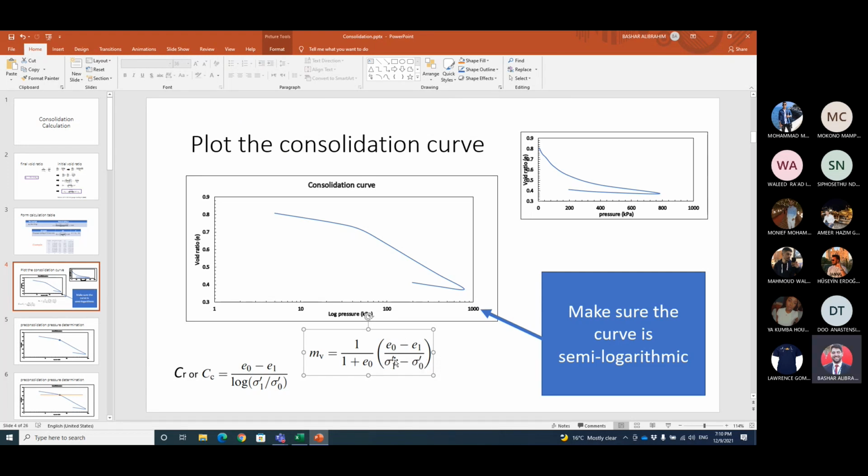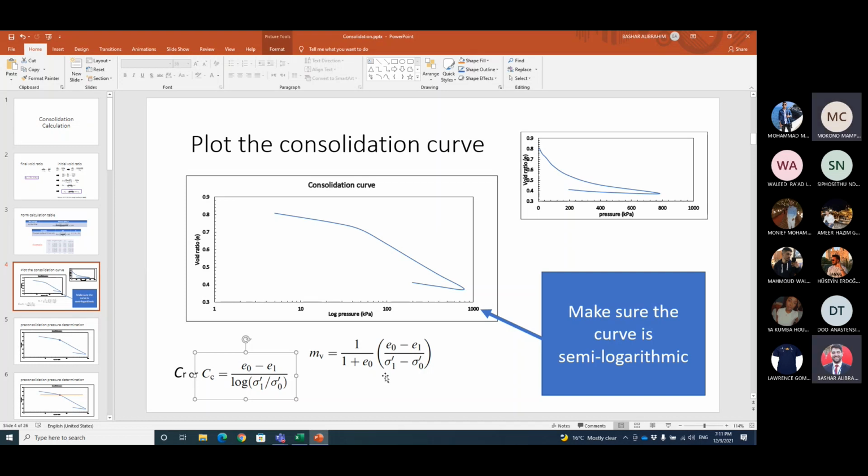Second stress is 0.25. You understood this is here, E0 is for the point, not the initial void ratio. Like if I am finding MV for this load, so E0 is that one, okay? E1 is this one. So just these 2 points, it is like CC and CR. As you can see here, we have E0, E1, 1. Understood? Don't confuse.